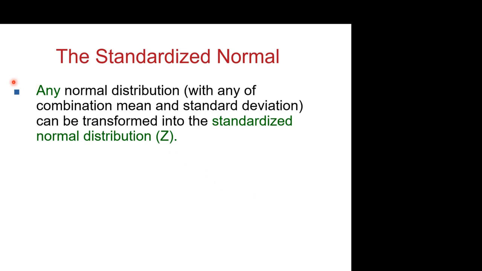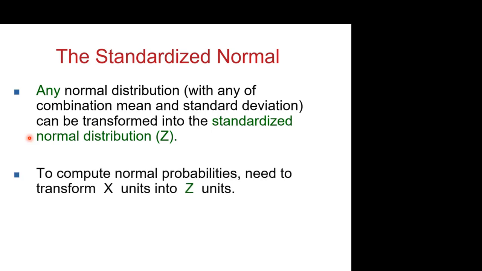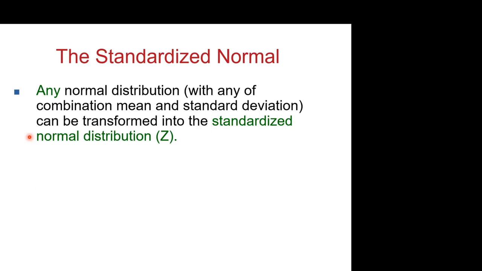So any normal distribution with any combination of mean and standard deviation can be transformed into the standard normal distribution. The standard normal distribution is also known as the Z distribution. But before that, why do we need to transform a normal distribution into a standard normal distribution?